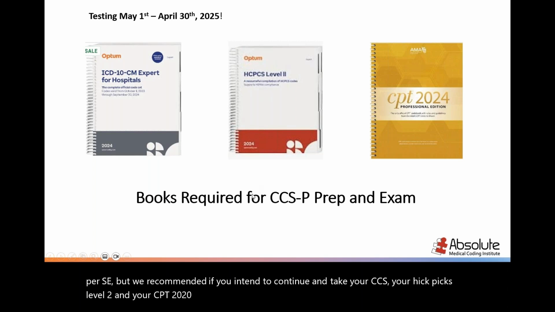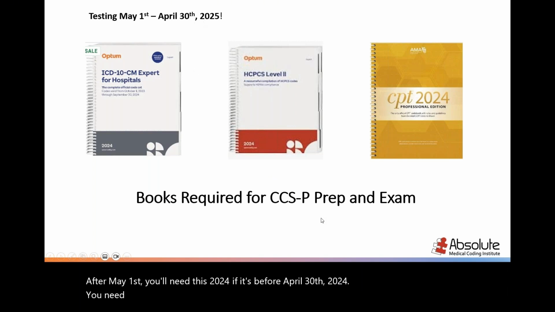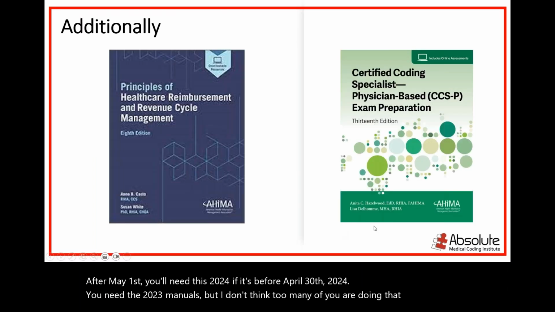All right. These are required. Now, if you're testing after May 1st, you'll need this 2024. If it's before April 30th, 2024, you need the 2023 manuals. But I don't think too many of you are doing that. So make sure you have 2024.